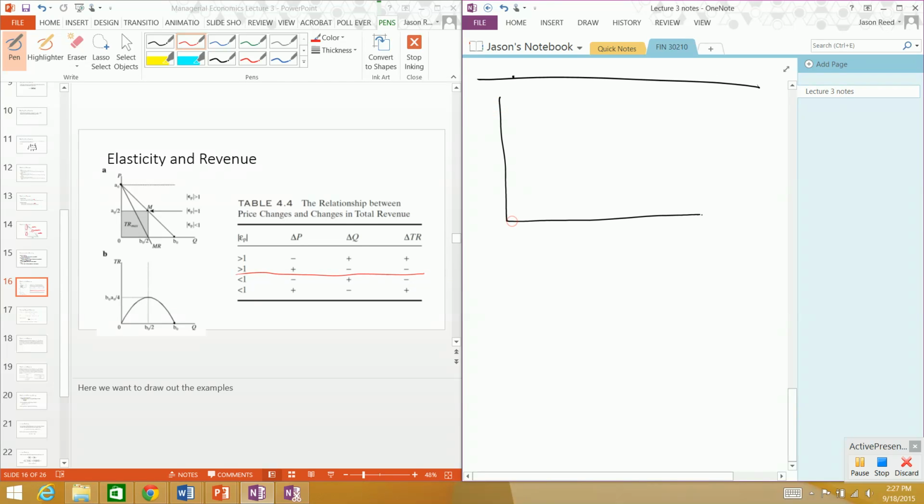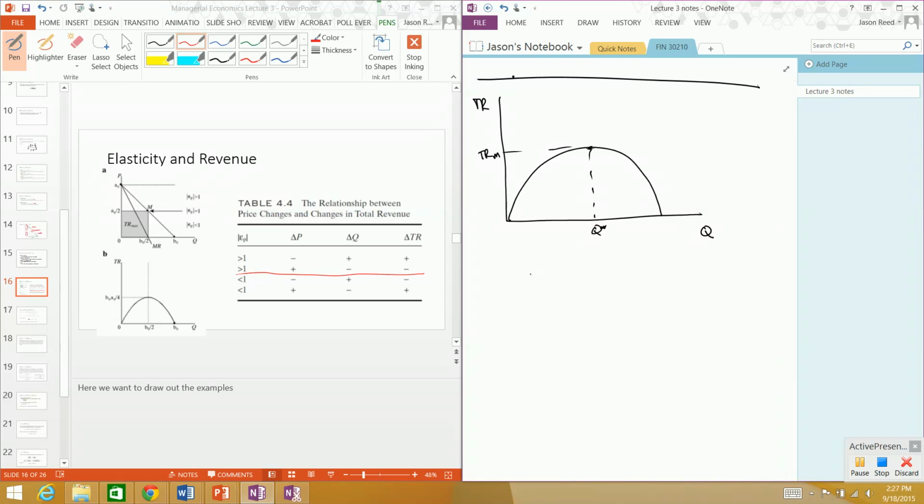So total revenue looks something like this. And it has a maximum point. And we can find out what that maximum point is. So this is total revenue max. We can find this point by looking at the marginal changes here. The slope of this total revenue function is marginal revenue. So all we need to do is take the first derivative in this instance.